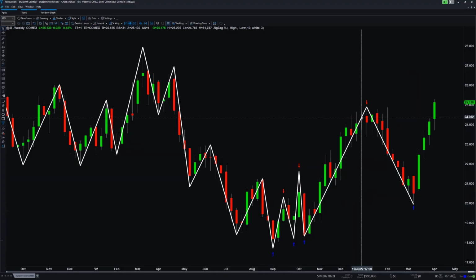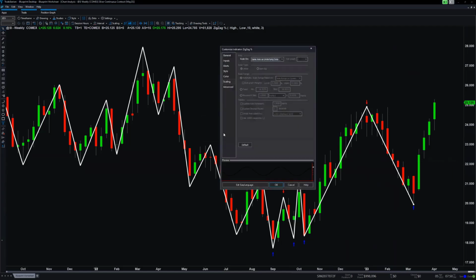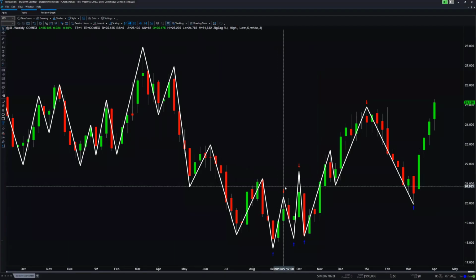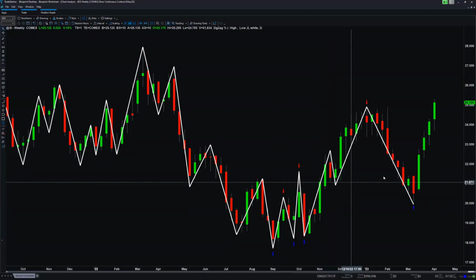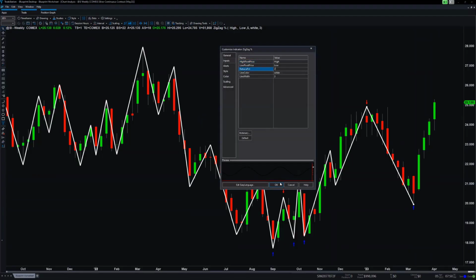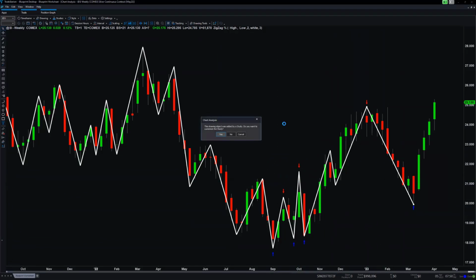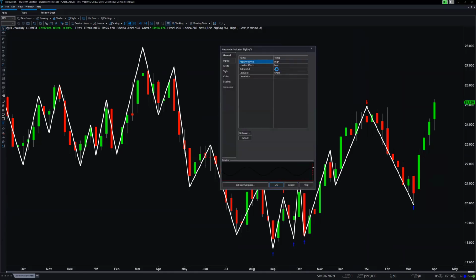I could now sense check those pivots if I maybe should be using smaller pivots here on the weekly. I could sense that also in potentially changing the inputs maybe to 5, just seeing what visually may be happening. Okay, there. Here it sees an additional 1, but here it doesn't see an additional 1, and here it also doesn't see an additional 1. What would happen if I put this to 2? Okay, also not a whole lot will change. So I would rather stick with what I had originally here, 10.